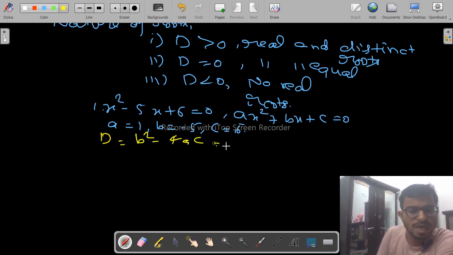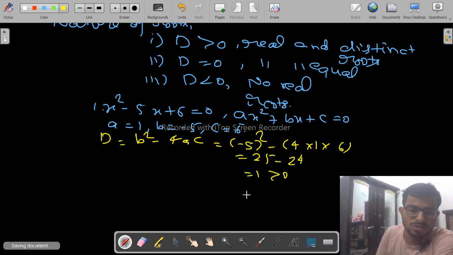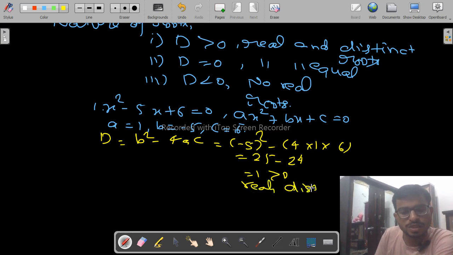When you calculate this, it is minus 5 whole square minus 4 times 1 times 6. So 25 minus 24 is 1, which is greater than 0. This means it has real and distinct roots, and we have also seen that the roots are 2 and 3, both real and distinct.